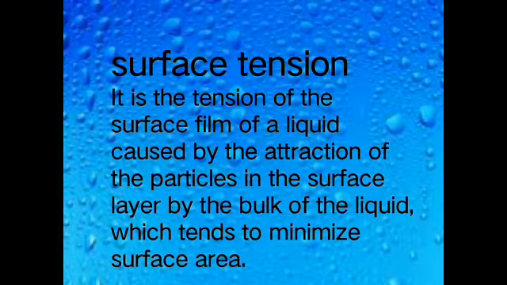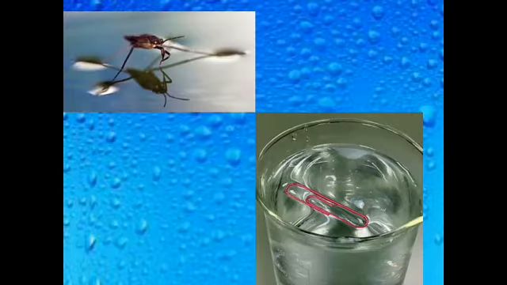Surface tension. It is the tension of the surface film of a liquid caused by the attraction of the particles in the surface layer by the bulk of the liquid, which tends to minimize the surface area. Small insects can move randomly on the surface of water. Blade floats on water.